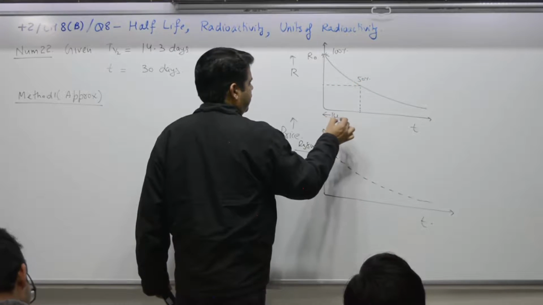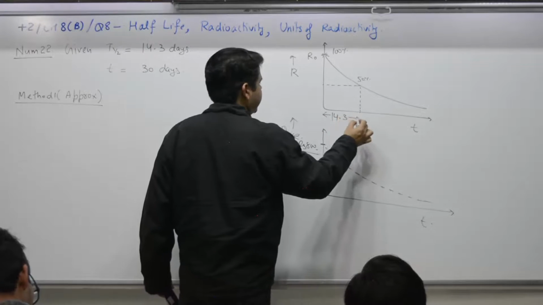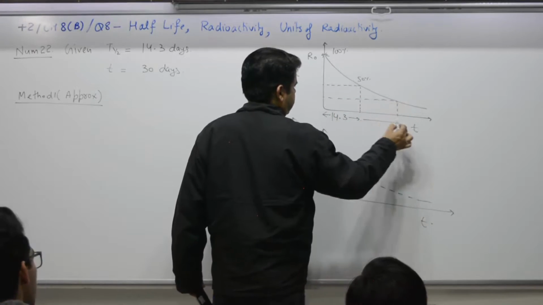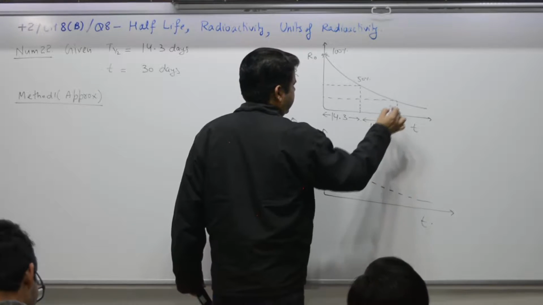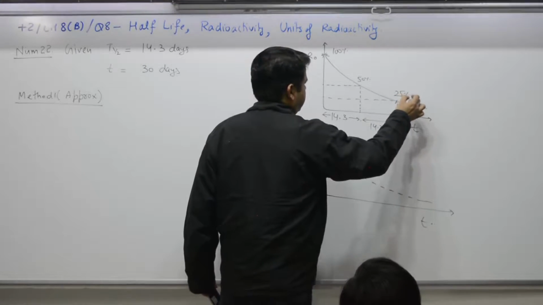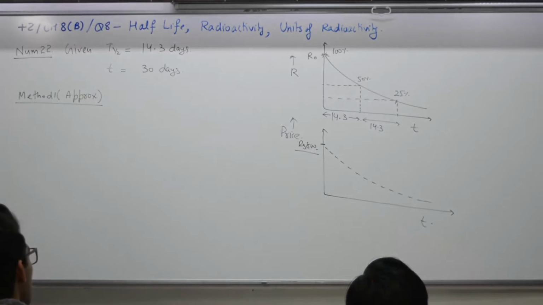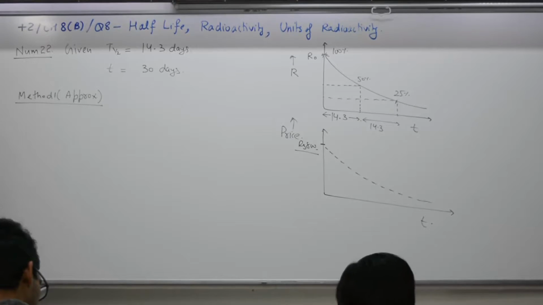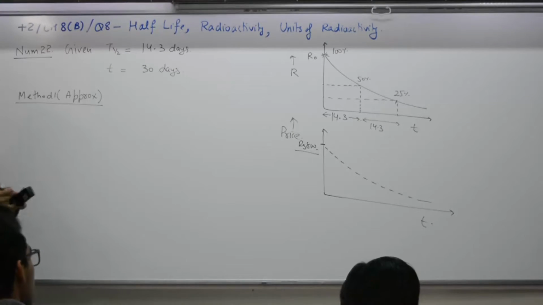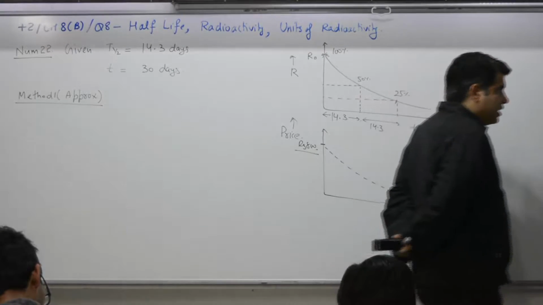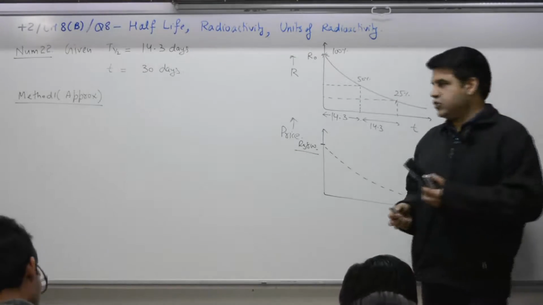One half-life is 14.3 days. One more half-life, 14.3 days, this value is 25%. Solve it by the approximate method. So you know the price in 28.6 days.